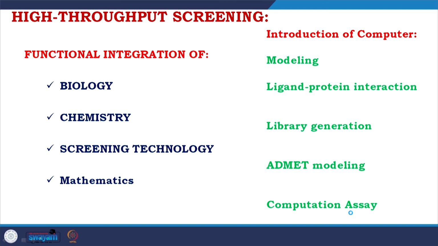ADMET is very important in vivo, but in silico ADMET could have saved a lot of money, and then computation based assay would speed up and would further reduce the cost of the process. So, with that I will finish the introductory class.